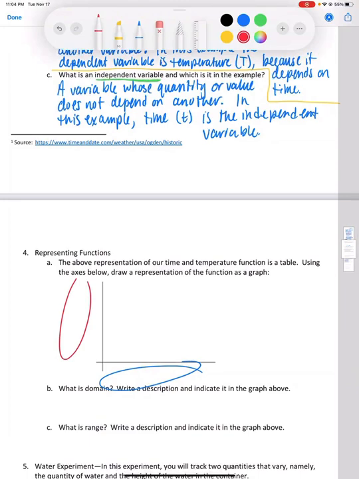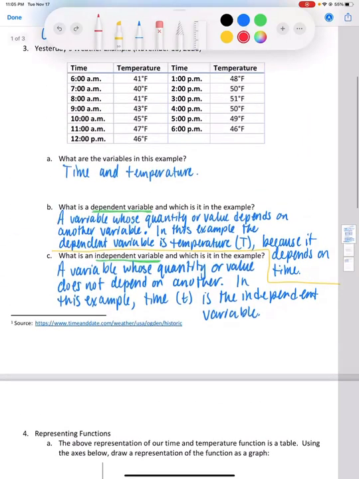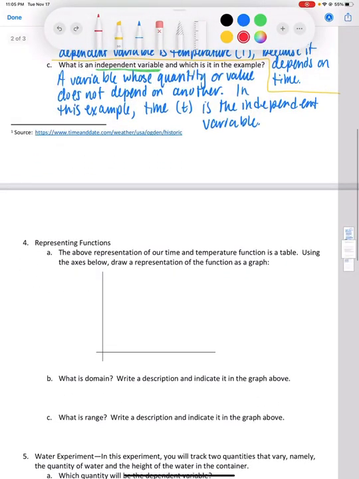Okay, so let's go ahead and label our axes with time and temperature. Now the time is in hours, and we'll keep that at each of the individual numbers. And temperature is this way.